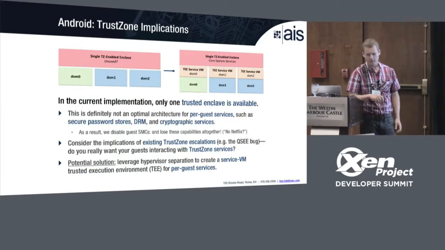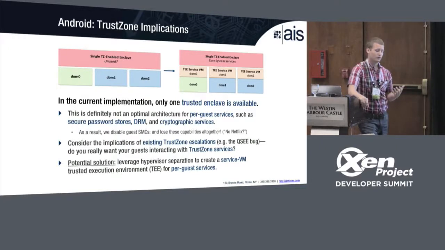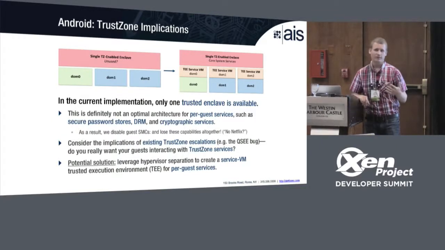TrustZone. The TrustZone architecture today provides some challenges for a client virtualization solution, notably per-guest services for TrustZone and enabling multiple guests to have access to the services that TrustZone provides, in a way that is both safe and secure.